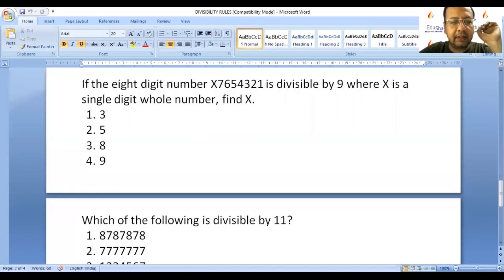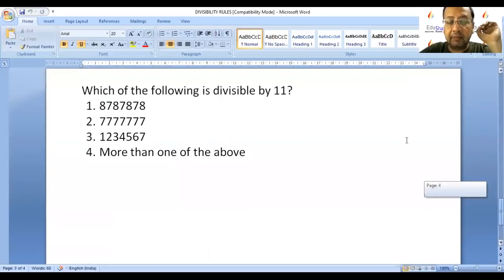Now moving further and checking one more application of such divisibility rules. This is again a very important example for the rule of 11. Which of the following is divisible by 11? So what is the rule of 11?